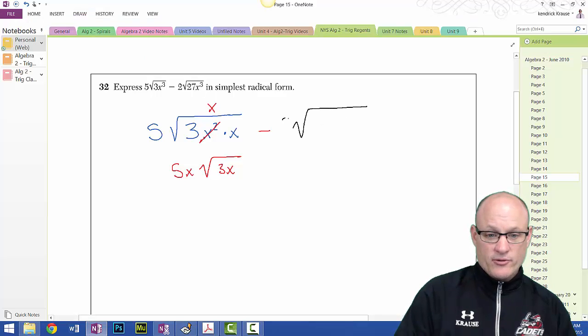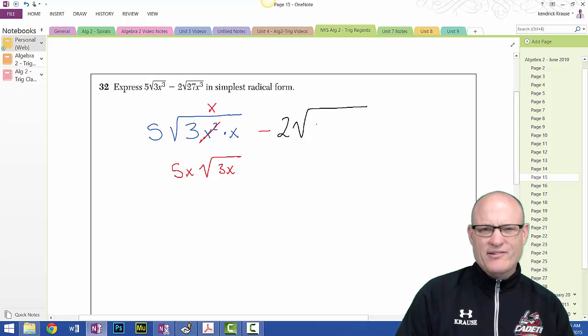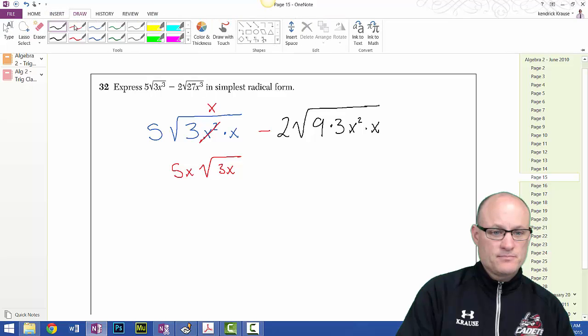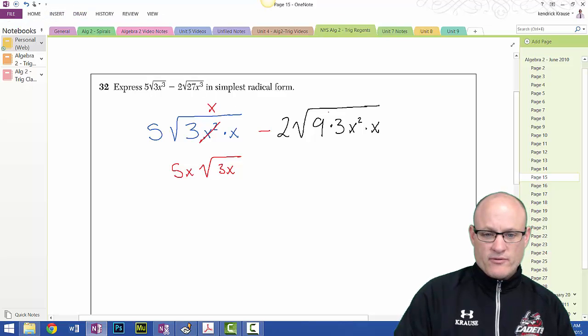Square root, oh, I forgot the 2, of 27. Now, a perfect square that goes into 27 would be 9. 9 times 3. And again, we have an x cubed, so it's going to be x squared times x. Now, I'm going to go through my red pen. The square root of 9 is 3, and the square root of x squared is x. So I'm going to take these and multiply it.